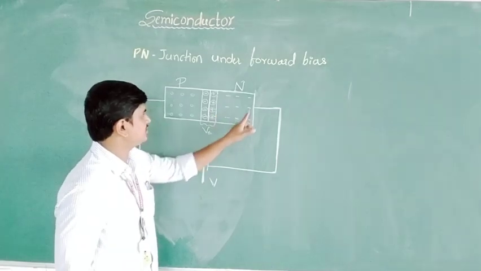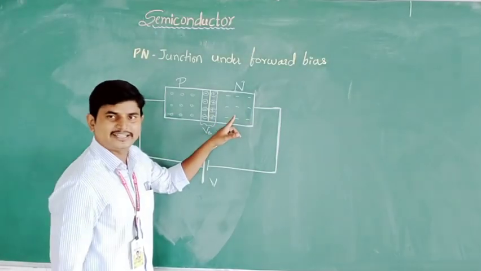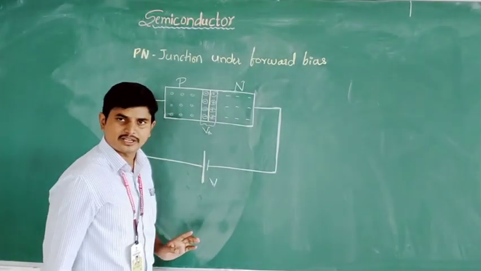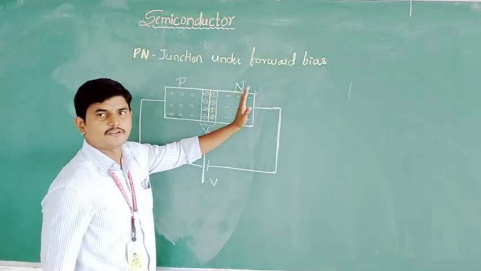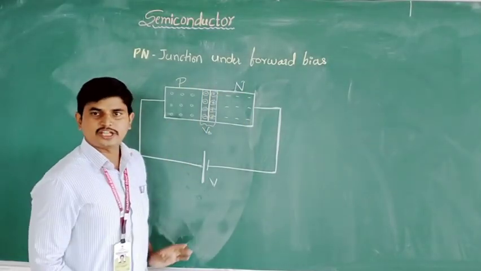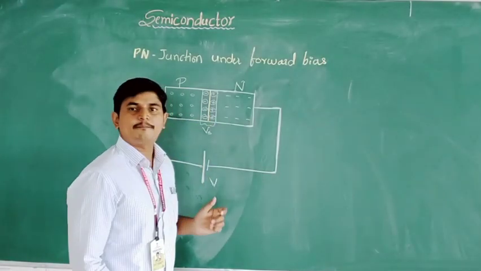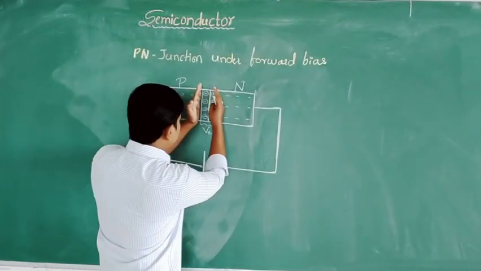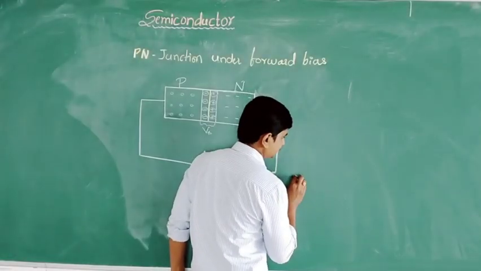And here there are electrons, the majority charge carriers. These electrons, having negative charge, are attracted towards the positive terminal, and drift or diffuse towards the positive terminal. Then what happens here? There is a decrease in the potential barrier. So the potential barrier starts to decrease. Hence that is represented like this.